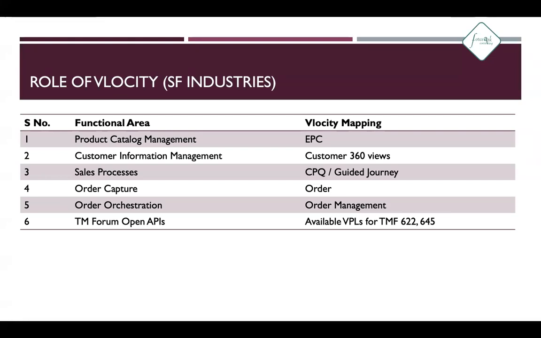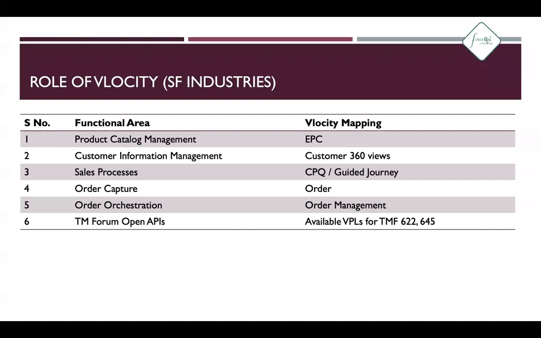The rules engine is basically the compatibility, eligibility, and context rules available as part of CPQ, so that you can show the relevant products to the agent for selling. So CPQ, and then the guided journey as part of your OmniScript and the guided experience around that, is where your sales processes would map to.